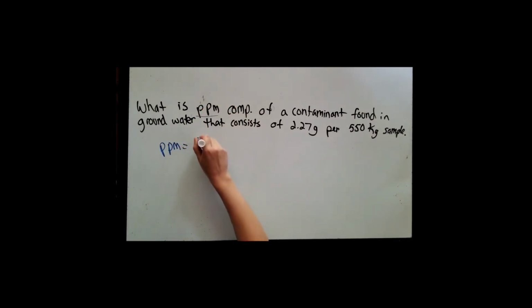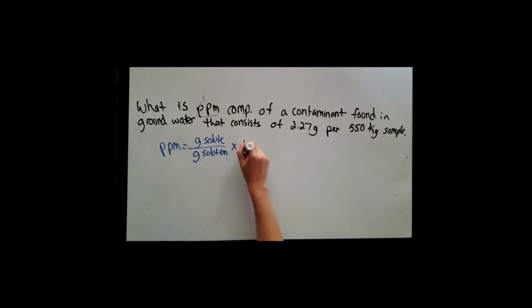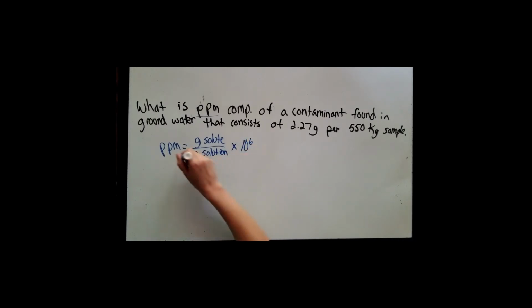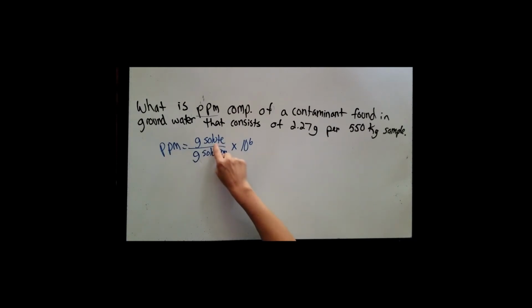Parts per million equation is grams of solute over grams of solution times 10 to the 6th, or times a million. That's why it's called parts per million. To solve this problem, we need to figure out what's the solute and what's the solution. Solution is made up of solute and solvent, the solute being in lesser amount, the solvent in greater amount.